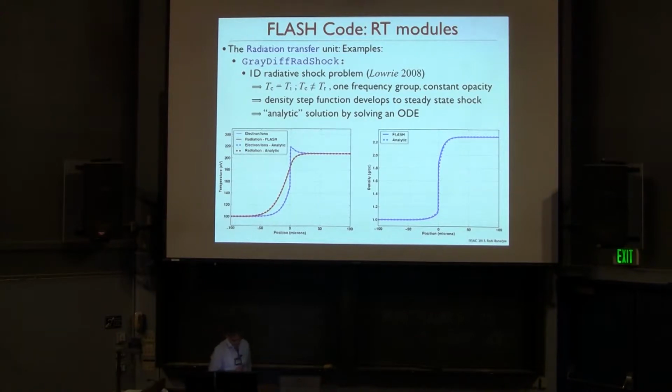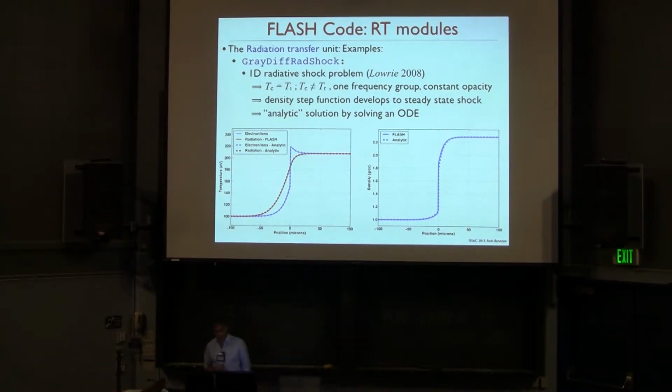And in this case, you use this 3T module at the end of the day. So you have the temperature of the electrons, ions, and the radiation. But in this case, you have an equal temperature for the ions and electrons. You can do this by a heat conduction module, for instance.